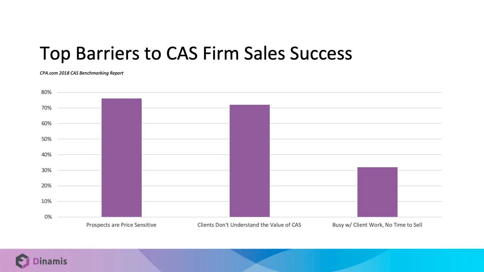But at the end of the day, we presented a fairly compelling value proposition. In this case, the controller, who had been working for this company for over 20 years, was retiring. His annual salary was about $130,000 a year.